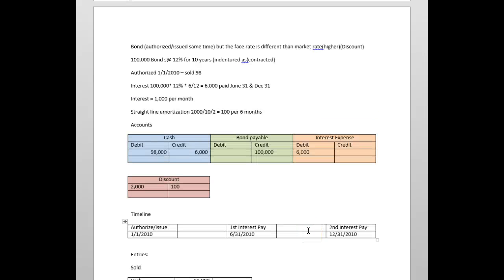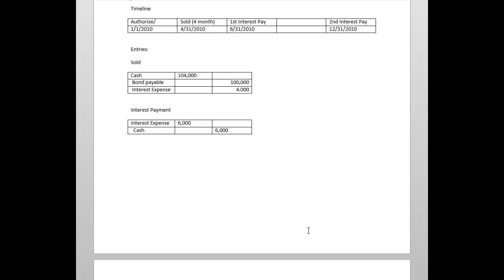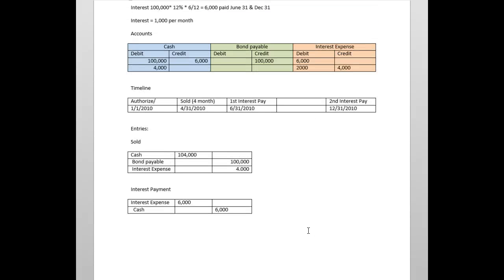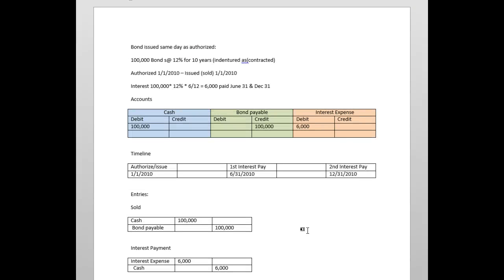GAAP likes the effective interest method. If the straight line method and the effective interest method are very close on the numbers, you can use the straight line amortization. Okay, that solves that one.